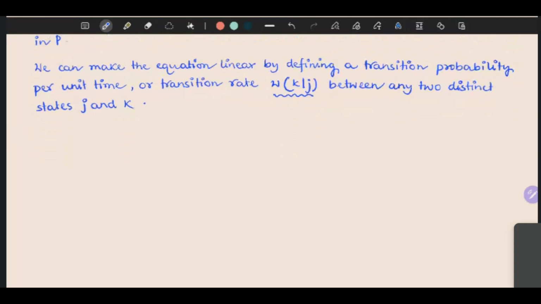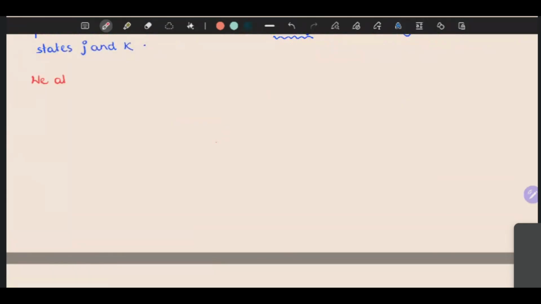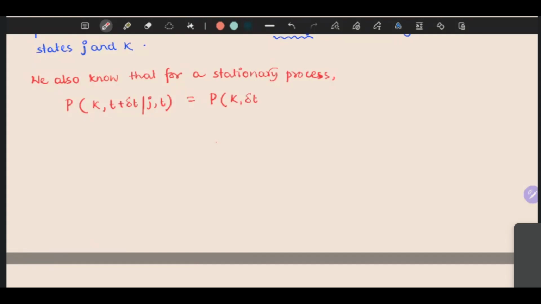Now we also know that for a stationary process, the probability follows this form: P of k, t plus delta t given j at t becomes P of k, delta t given j. So time translational invariance, right?